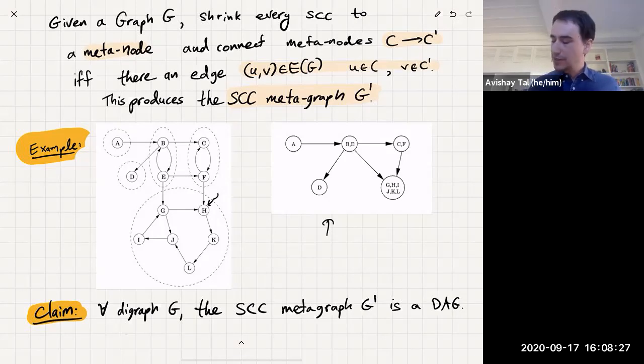So if we start a DFS from H, we will find the entire strongly connected component of H, and nothing more than that, because H is a sink in the metagraph, right?